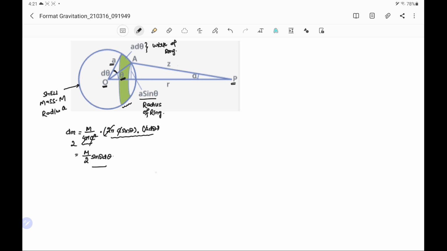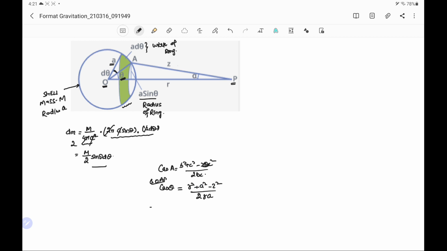For that we use the trigonometry cosine rule. We know cos a equals b square plus c square minus a square by 2bc. A similar formula is applied here for theta in triangle OAP. Cos theta will be equal to r square plus a square minus z square by 2ra.